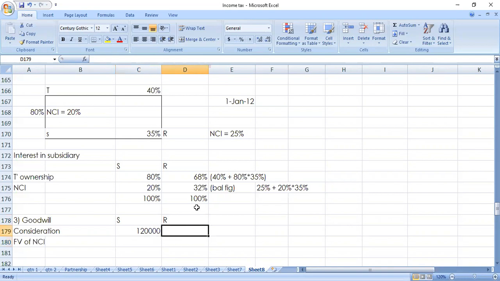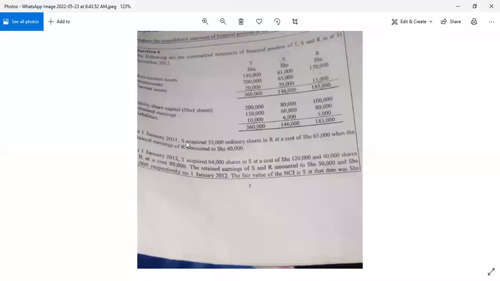Then let's look at R, which is our center of interest. For R, what happened is S brought in 65, but also T had brought in 80,000. So 80,000 direct, then the 65 is indirect.